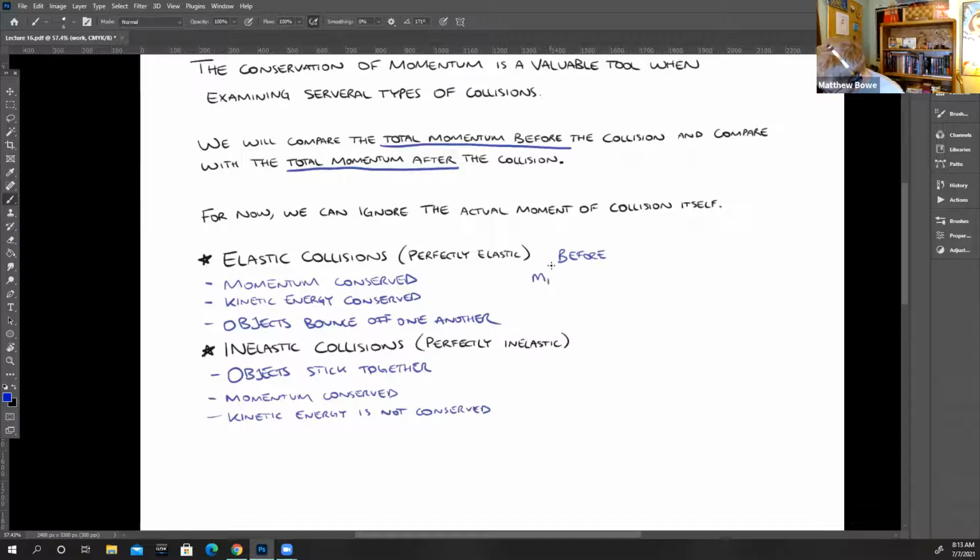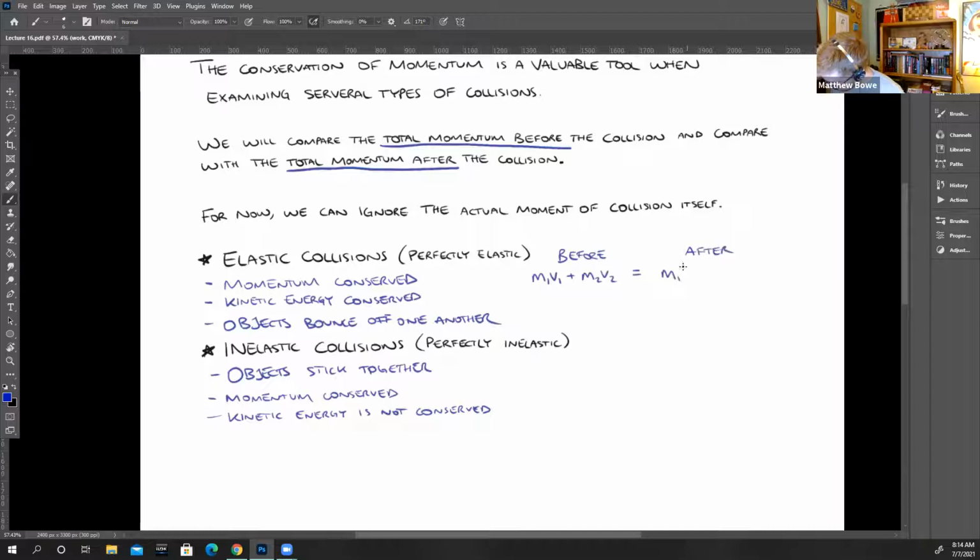So the mass of one object times its velocity, this is the momentum of the first object, plus a second object. And so this is before.